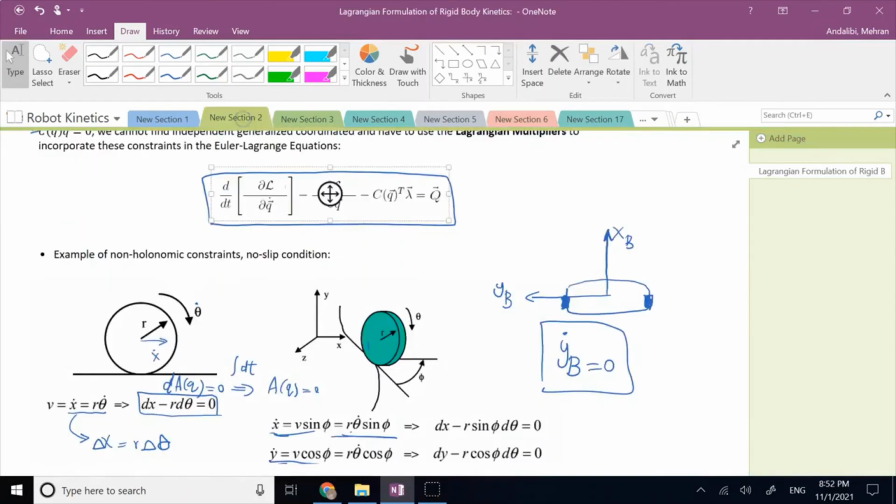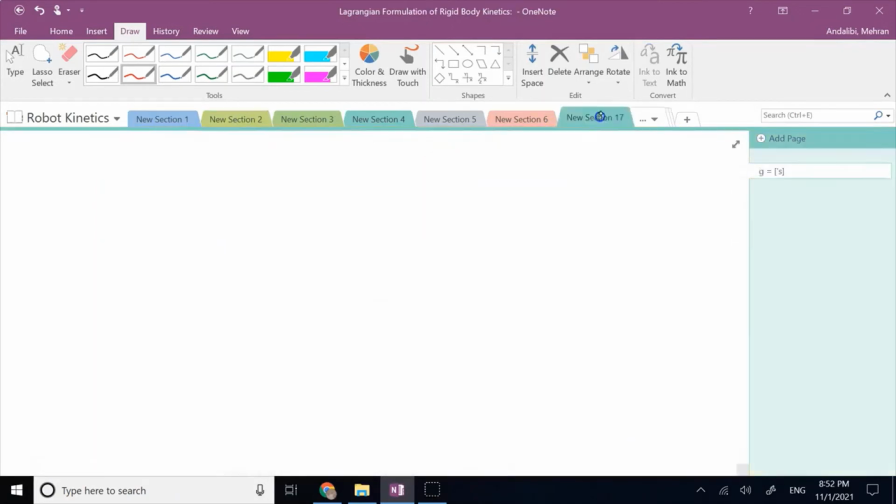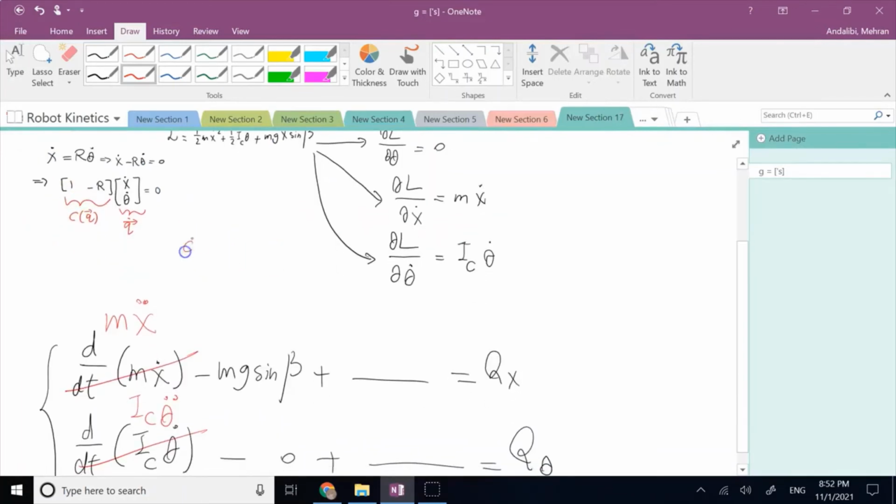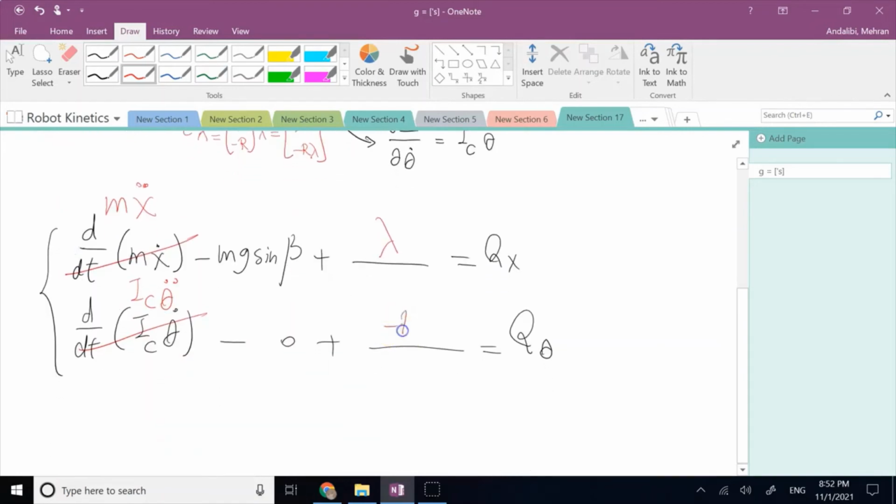So the term that I had to add was C transpose times lambda, and C transpose is the transpose of this guy, right? Remember here you have only one constraint, so there is one lambda, and C transpose means [1, negative r] times lambda. So the lambda term is going to sit here, and the negative r lambda term is going to sit here.